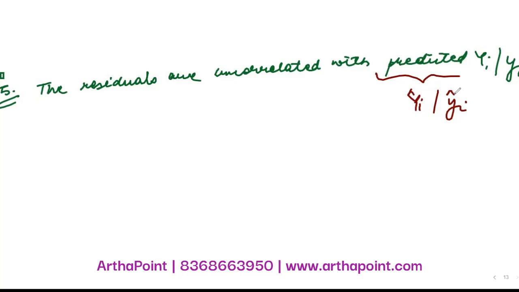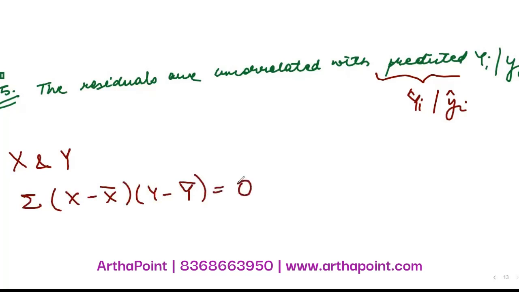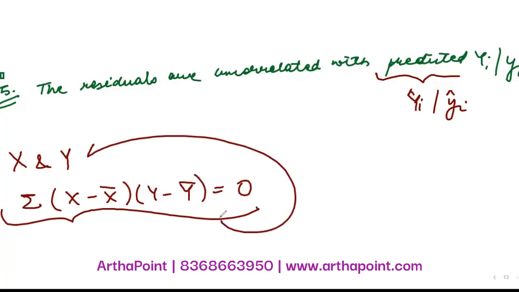Now, in order to prove that there is no correlation between two things, ideally what we have to prove is the following. If I have to say that there is no correlation between x and y, I should be able to prove that summation x minus x bar, y minus y bar is 0. If I'm able to prove this, then automatically there is no correlation between x and y.